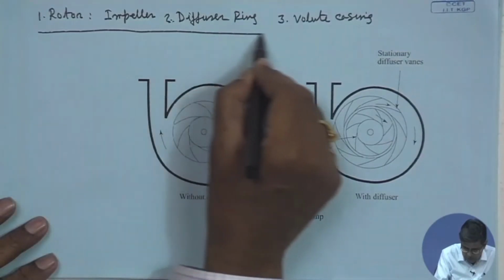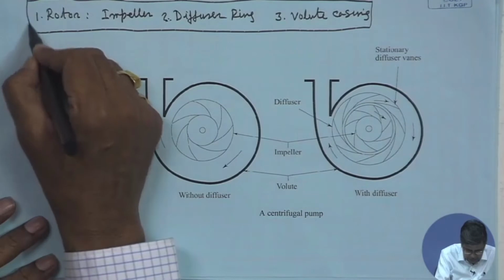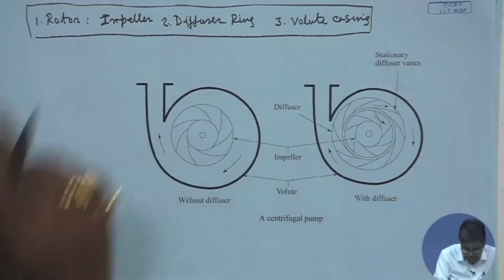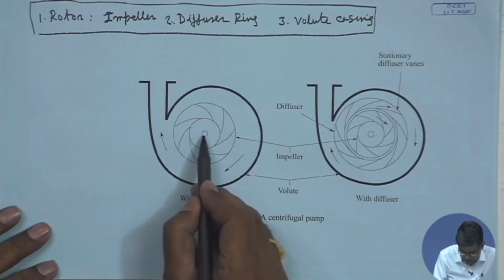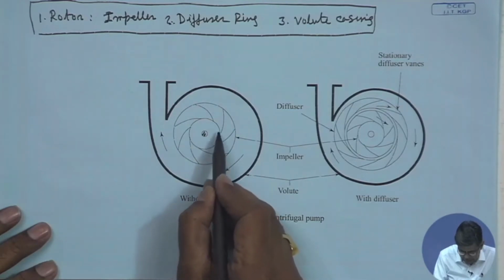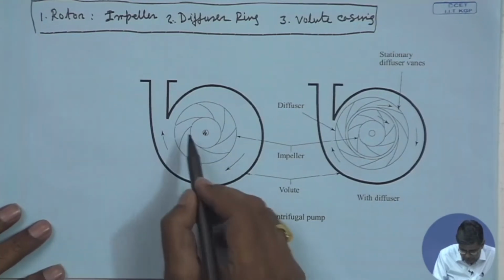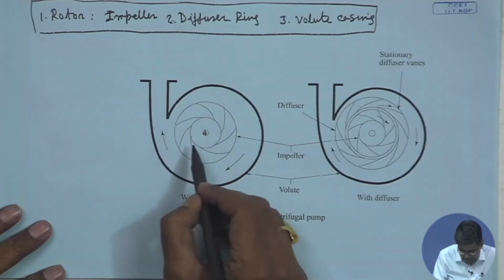constitute a centrifugal pump. Now, a rotor, which is known as the impeller, this is the terminology used, which takes the mechanical energy. You see, this is the rotor. This is the shaft. The rotor is basically a circular disc mounted on the shaft, and on this disc the curved blades like this are mounted.